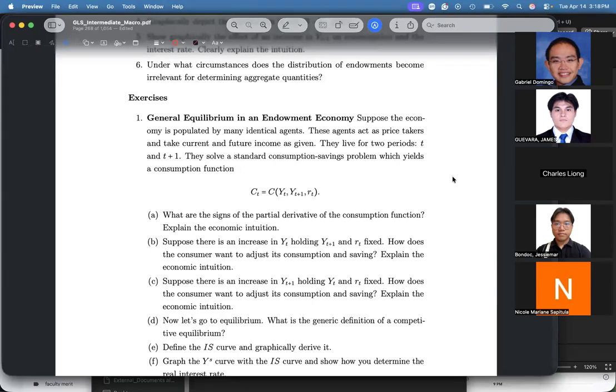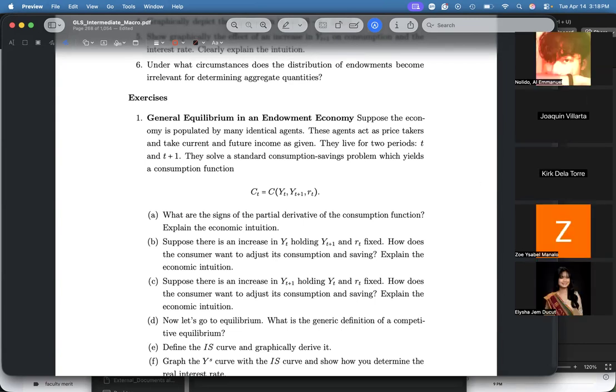Or anyone, Charles, Jesse Mar, kung isang variable lang ang gusto mo, bakit tatlo? Di ba kayo curious about that? Bakit tatlo? Anyone? Nicole? Jem? Bakit tatlo?